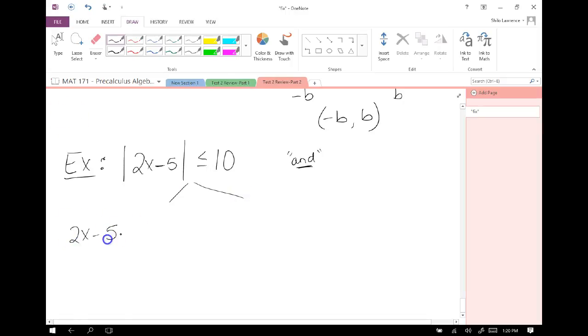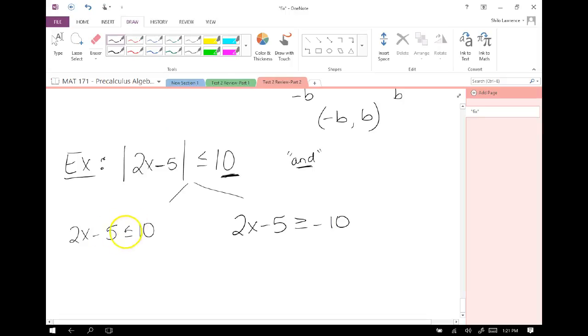2x minus 5 is less than or equal to 10. One of your inequalities is always going to look exactly the same as the original. The second one, remember, do not mess with the inside. It's always the number that it's equal to that changes. And with inequalities, when you do the negative, you flip the signs.